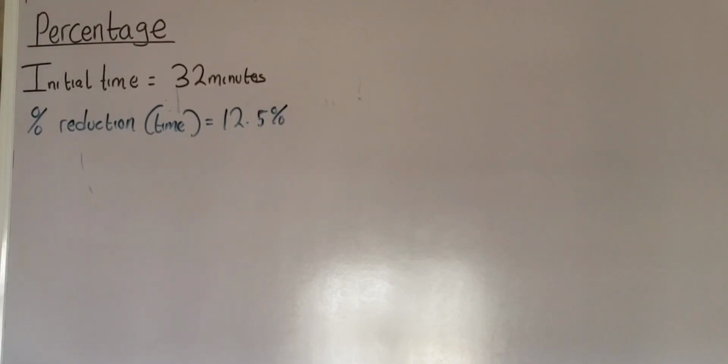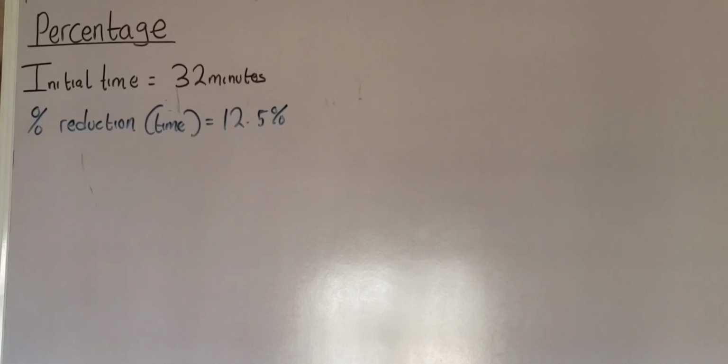Now we are told to determine the new time. Please pay attention. To determine the new time, we first have to know the time which is reduced, the time reduction when the new tool is employed. We are only given the percentage by which the time is reduced. We don't know the actual time it takes to reduce. Are you paying attention? Look here.